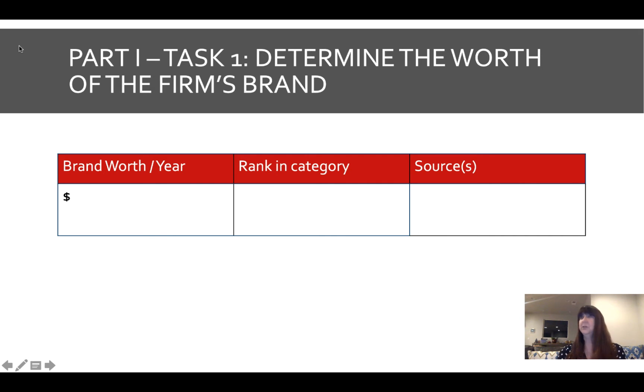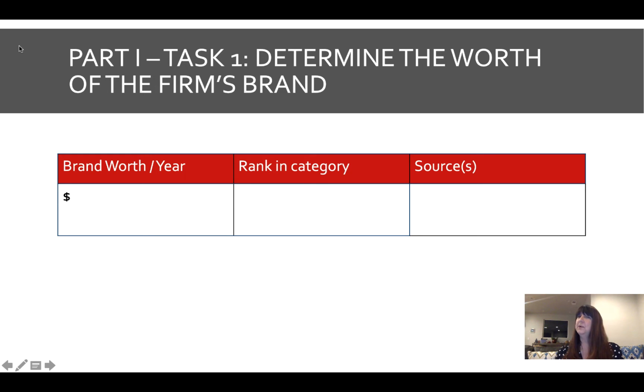So you can surf the internet, try to figure out, Google what your firm's brand is worth. I promise you there will be information out there. If not, go to the financial statements and look for an item called goodwill. Goodwill often has a valuation of a brand. That's where I want you to start. So give me a number, whatever you think it is worth.